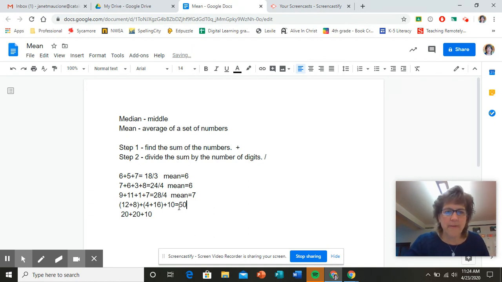So 50, how many digits do I have? I have to go back to the original problem. I have 1, 2, 3, 4, 5. So 50 divided by 5 is 10. So my mean is 10.